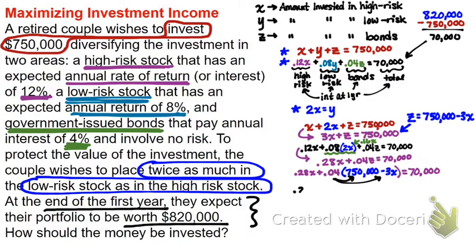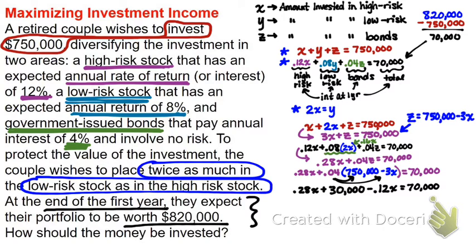So I have 0.28x plus what? How much? 30,000. Minus, that's what, 0.12x equals 70,000.